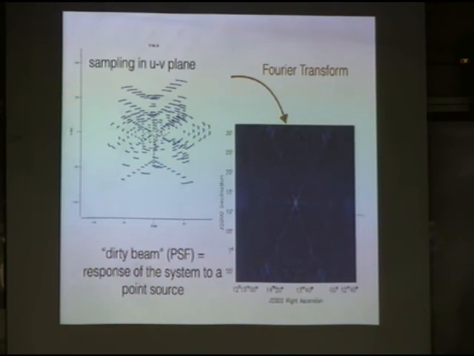I was more sensitive to structures that go in one direction than in the others, because I didn't get enough time to cover all of it. So this is also related to what you were asking. It's important to observe during a certain time to be able to recover a circular beam, or otherwise you will only be able to detect structures in a certain direction better than in the other.